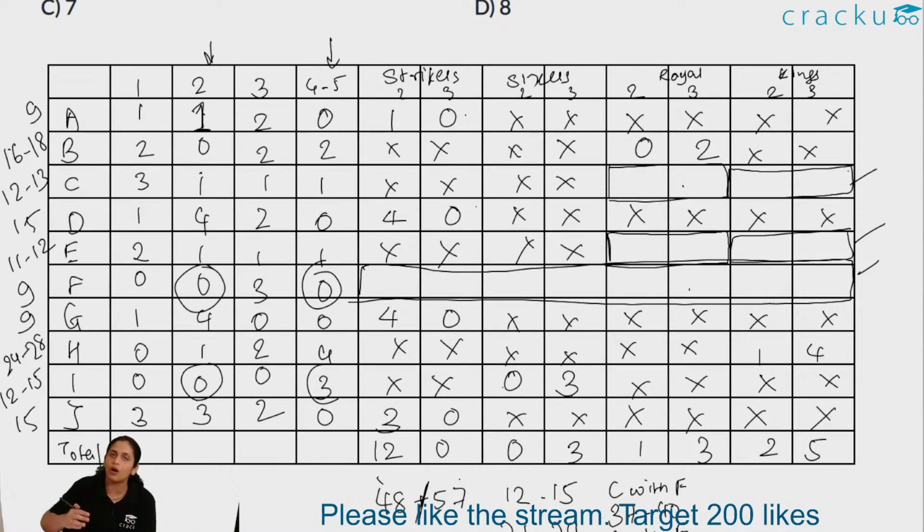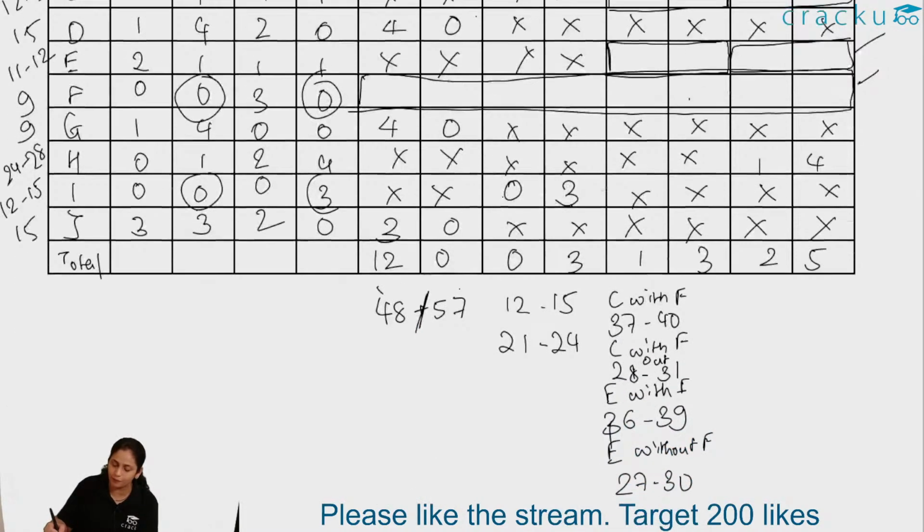So I'm considering the possible values of the score. If I have C and no F, I have this range of possible scores for this team. If I have C with F, I have this range. If I have E with F, this is the range. If I have E without F, this is the range.